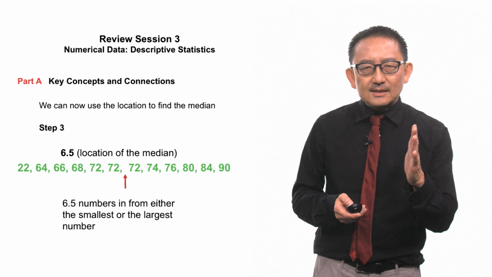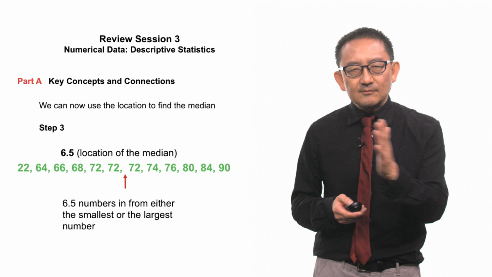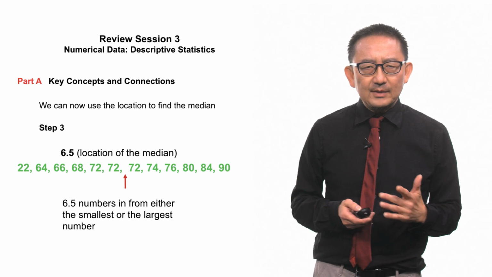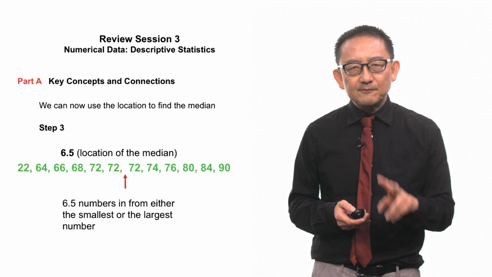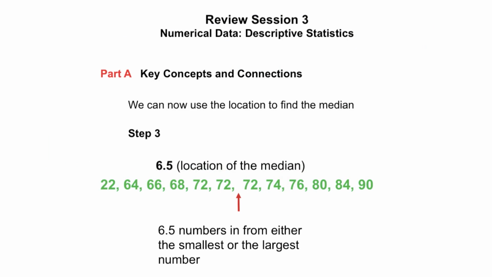So that means that we would count 6.5 values in from the bottom, or you could do that down from the top as well. And what we find is that the middle value is going to fall between 72 and 72, interestingly enough. Because we have an even number, the median is not necessarily one of the numbers in the data set.